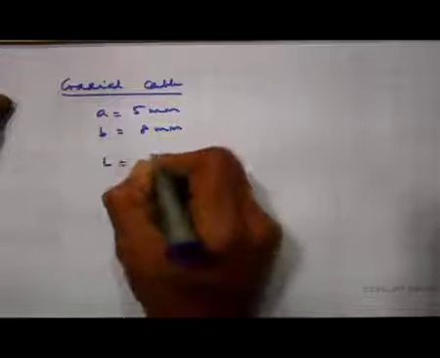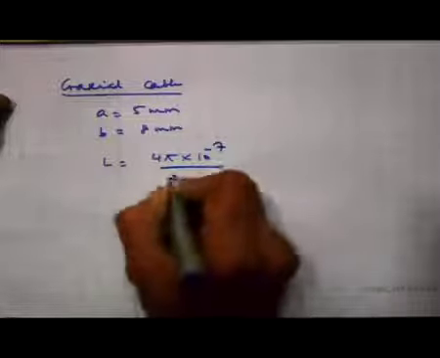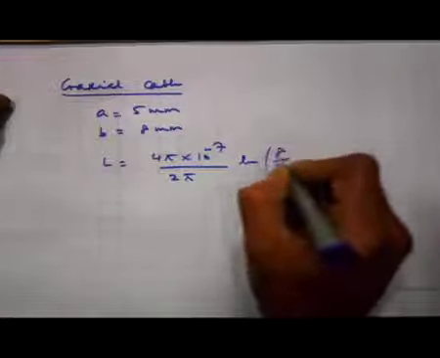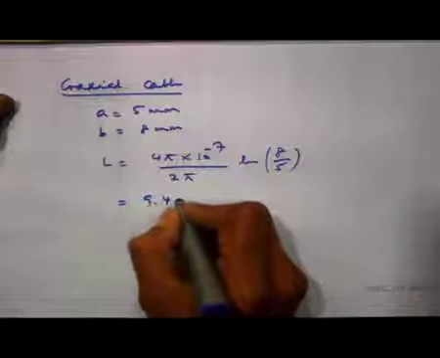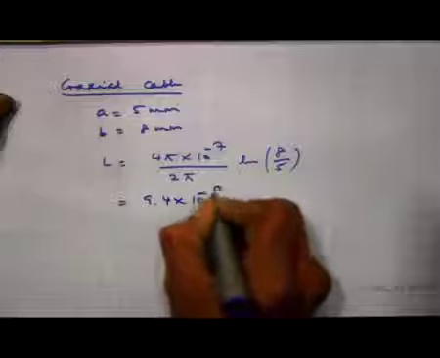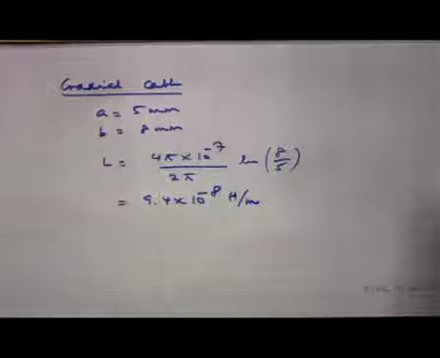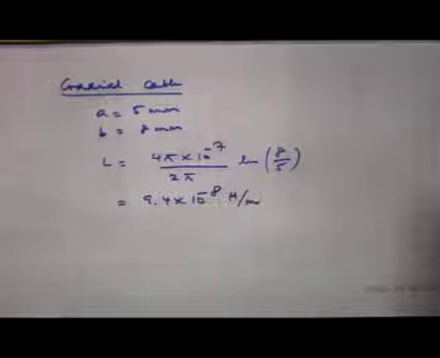So, L is equal to 4 pi 10 to the minus 7 by 2 pi into log of 8 by 5, and if you do the calculation, this will give me 9.4 10 to the minus 8 Henry per meter. So, you can calculate this log factor here, and you will get an inductance per unit length of 9.4 10 to the minus 8 Henry per meter of this cable.